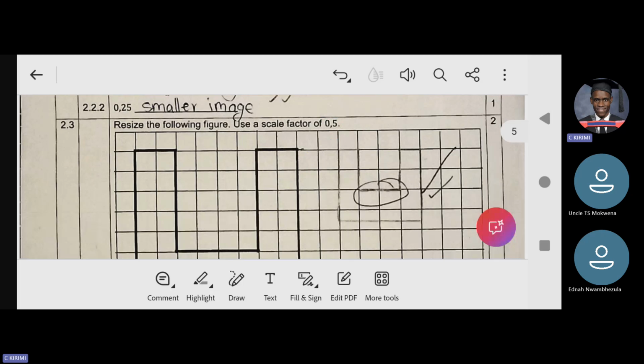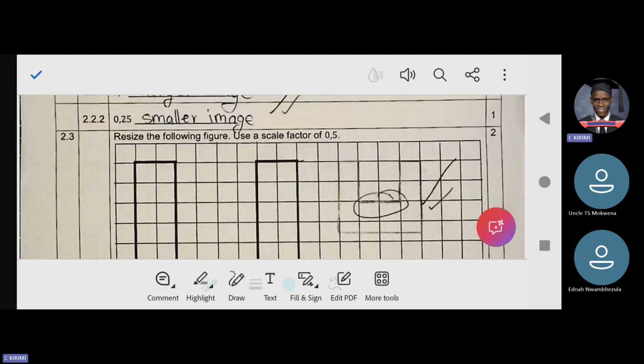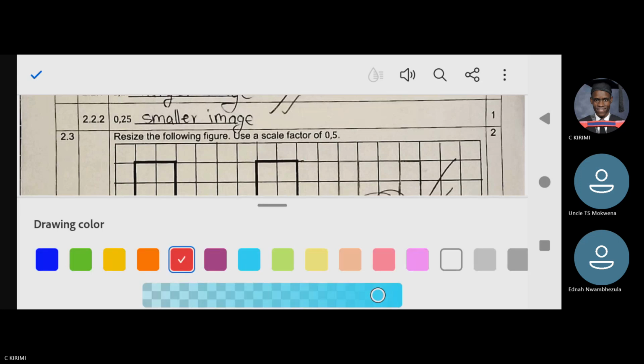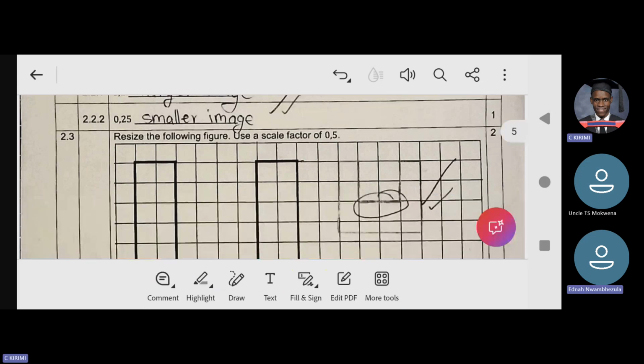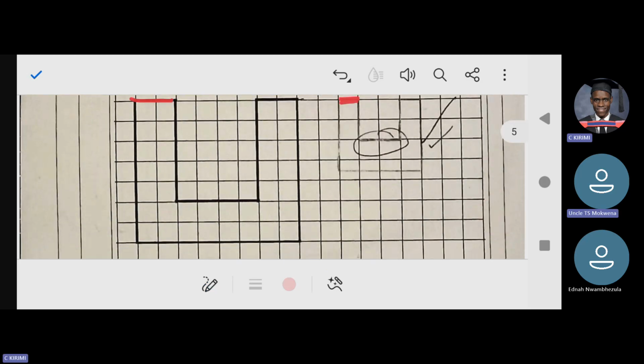So how do you reduce that shape by half? Let's start. This side, the smaller shape. This side is how many units? 2 boxes. So if I reduce 2 boxes by half, it becomes what? 1 box. So you draw your 1 box there. Then you do the same this side.